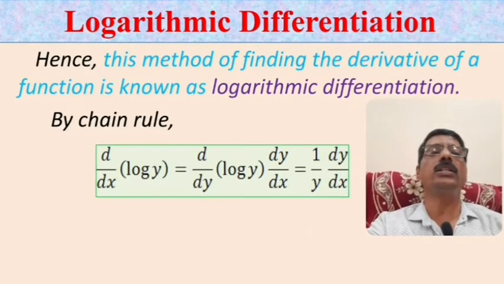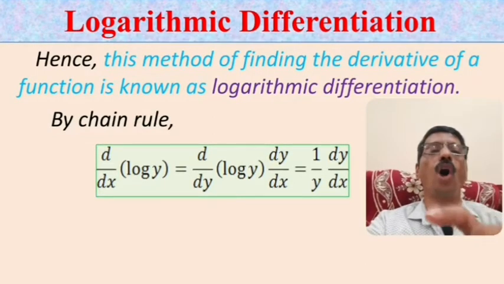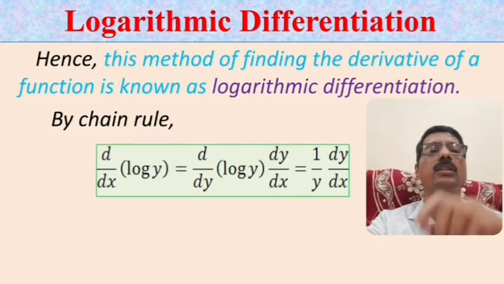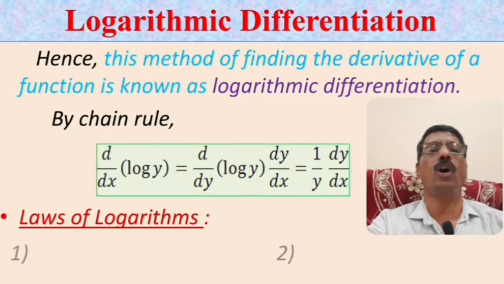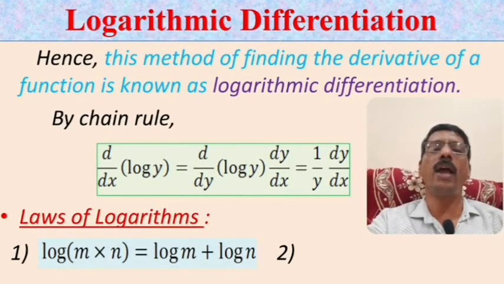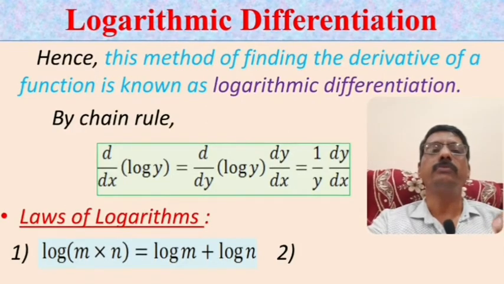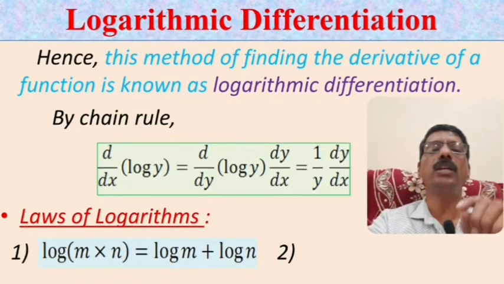Okay, now we are discussing some laws of the logarithm, which were already discussed in the 11th standard. Here we have to recall these laws of logarithm because all these laws are very important. First law is log of m into n equals log of m plus log of n.